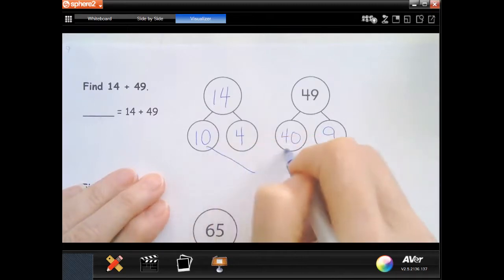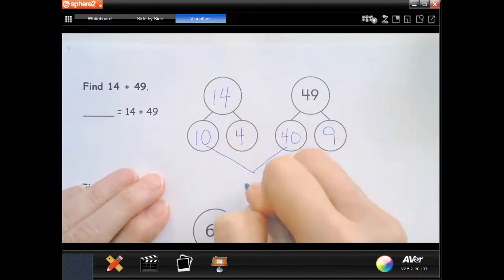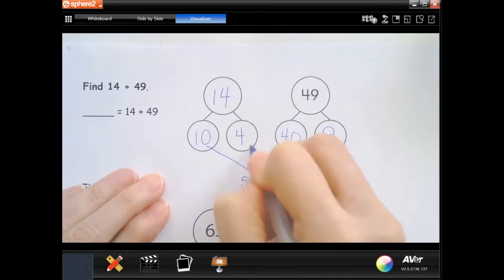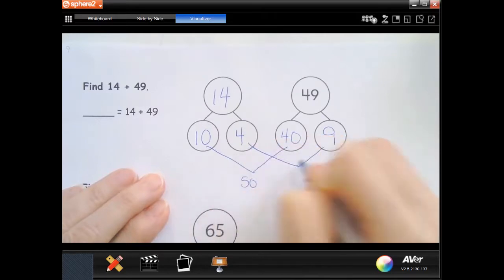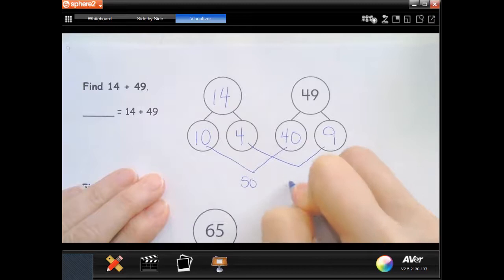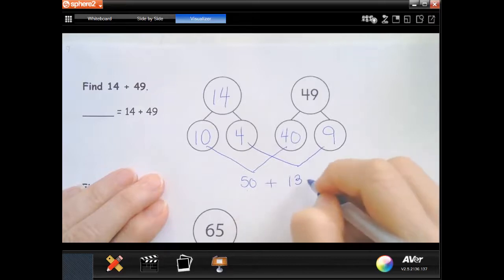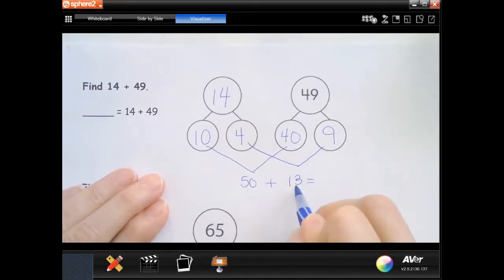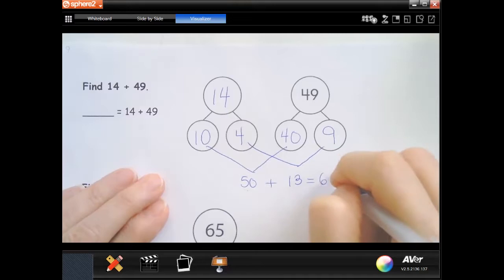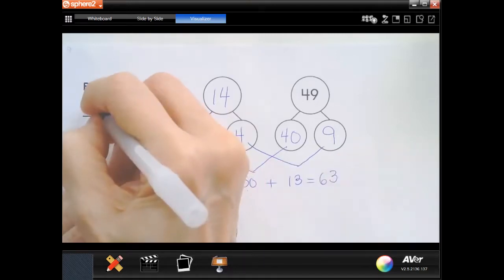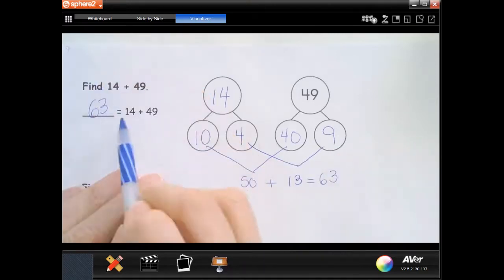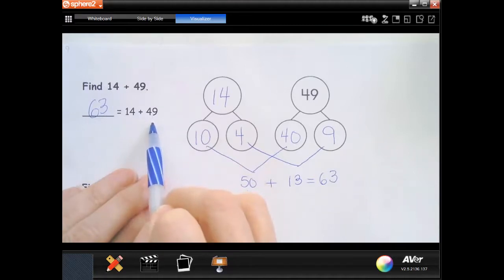I can add the 10 and the 40, that equals 50. And I can add the 4 and the 9, that equals 13. So I have 5 tens and 13 ones. Now I can add them together. 50 plus 13 equals 63. So 63 equals 14 plus 49.